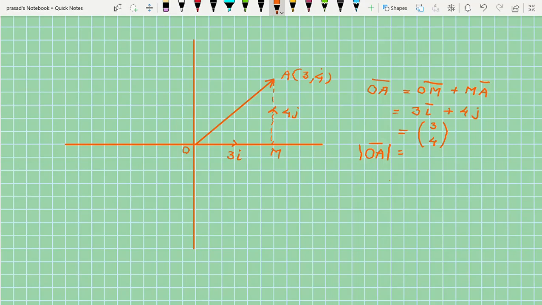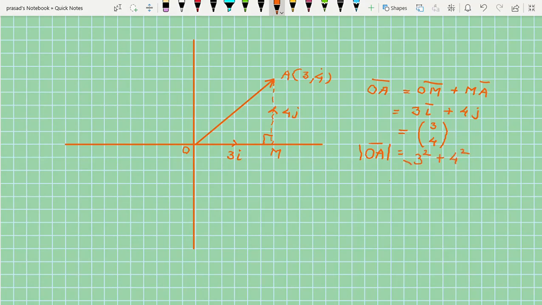So, since this is 90 degrees, the length of OA, that is the hypotenuse, will be OM square plus MA square. Now the length of OM is 3, so square root of 3 square plus 4 square.